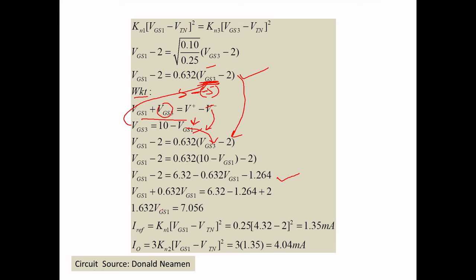So finally after solving you will be getting 1.632 VGS1 equal to 7.056. So if you find VGS1, that is 7.056 divided by 1.632, it gives 4.32.